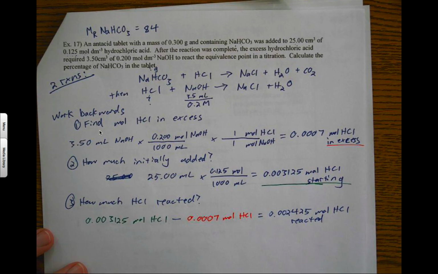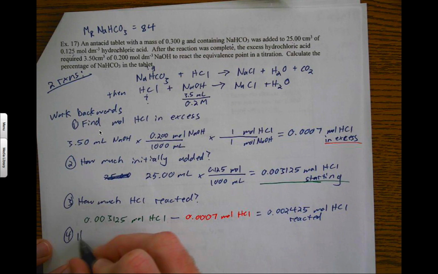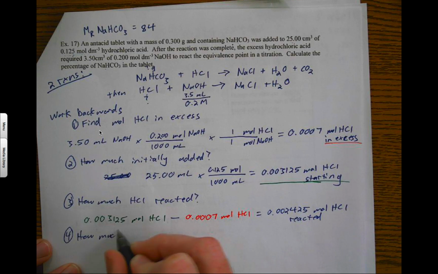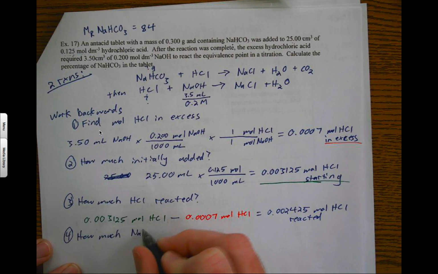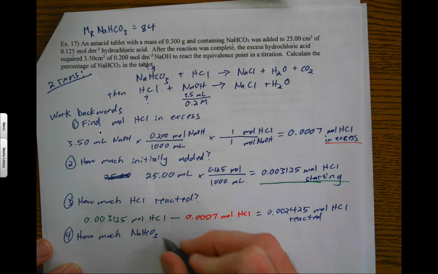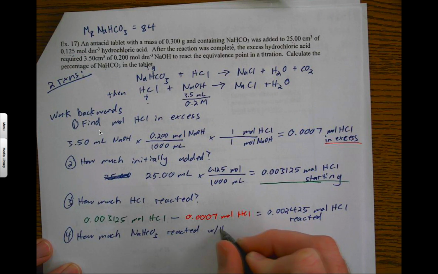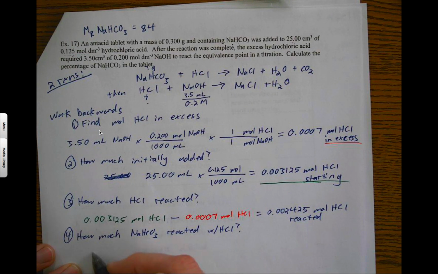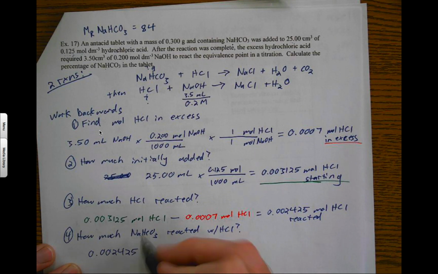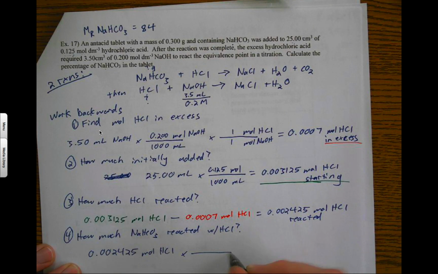So now I can do that. So how much NaHCO3 reacted with HCl? 0.002425 moles of HCl. I can do moles of HCl to moles of sodium bicarbonate.